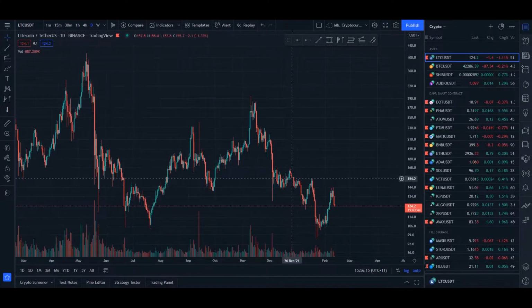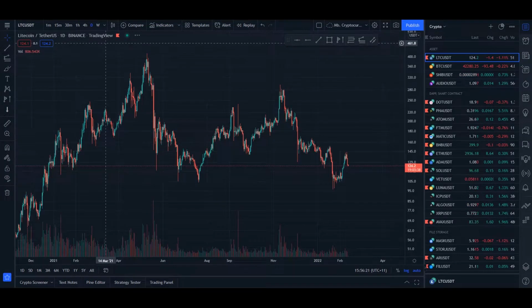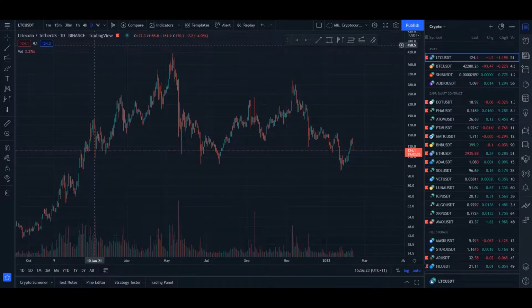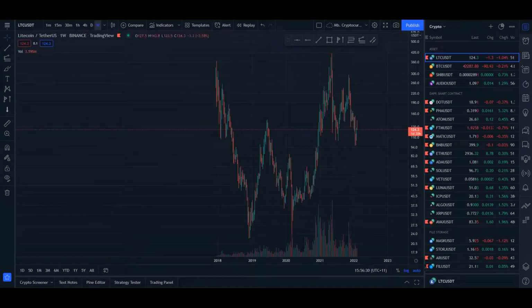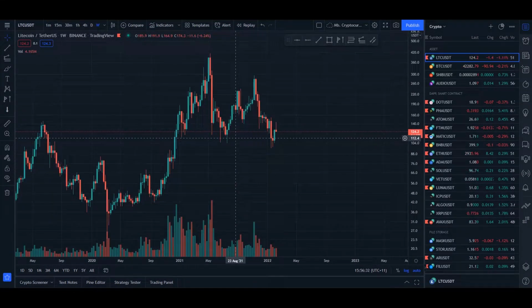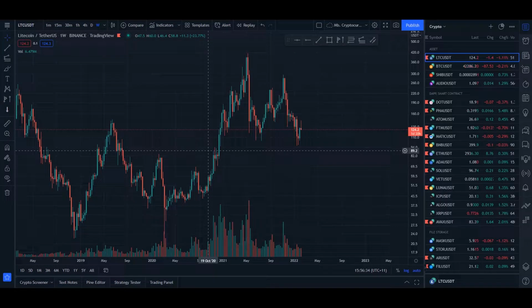So let's just talk about the first one, the previous major change in price. Whenever you want to see the previous major changes in price, just go to the weekly time frame, because the higher you go, the more clearly you can see the major price movements.